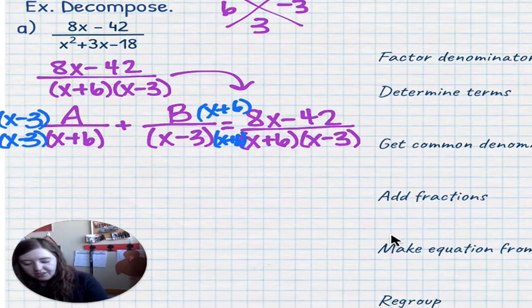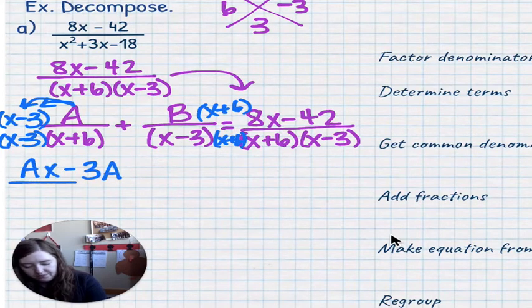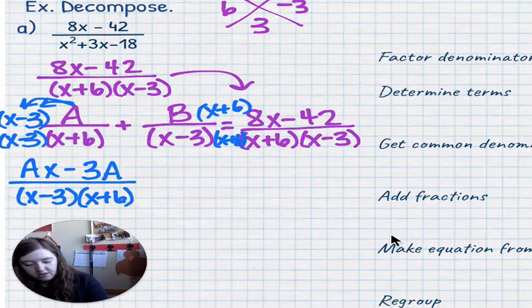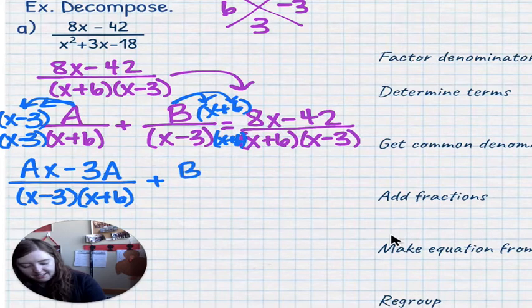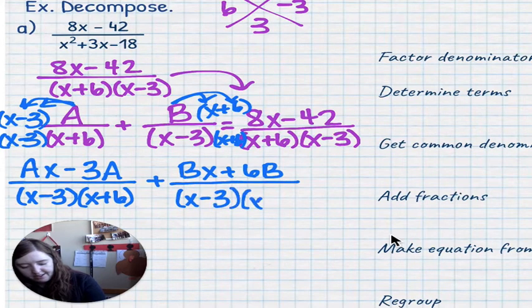So first of all, let's distribute that A on out. I have ax minus 3a over x minus 3, x plus 6, plus. Then we'll distribute out our B. We have bx plus 6b over, and then our common denominator was x minus 3, x plus 6.